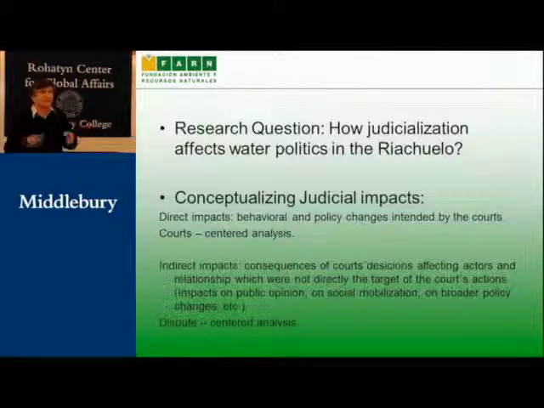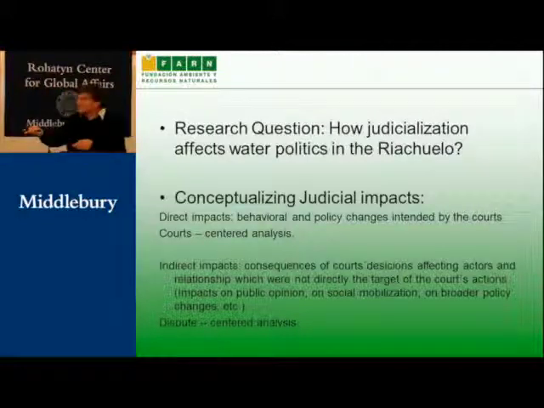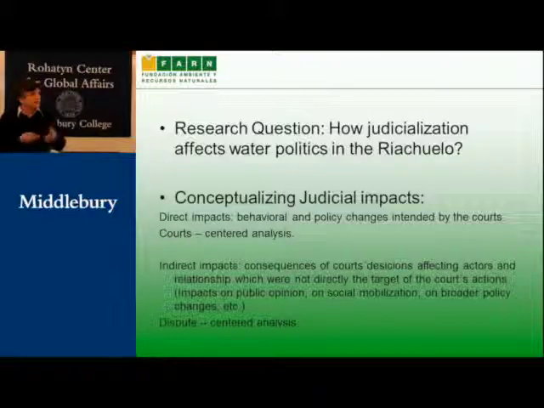For instance, this has been a big discussion within the U.S. context regarding Brown versus Board of Education, the famous landmark decision of the Supreme Court of the United States that ordered the southern states to desegregate. Okay? This type of analysis is more dispute-centered. They focus not so much on the court, but on how the court's resolution affects the way the dispute evolves.